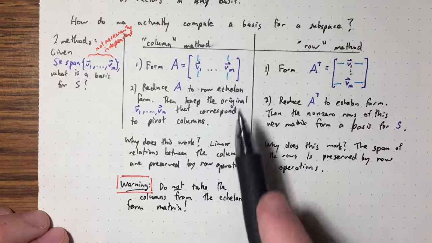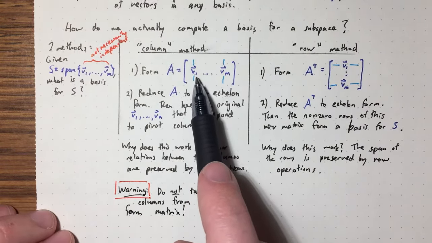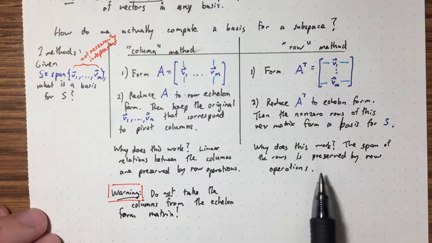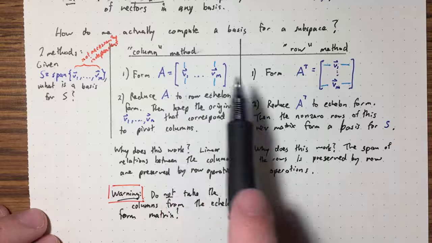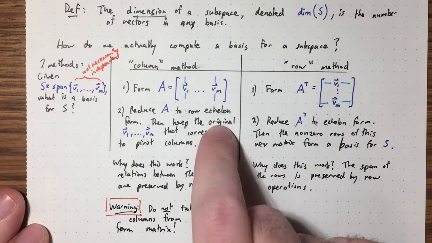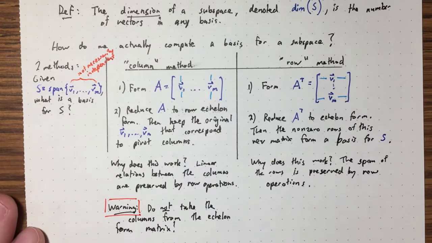Why? Because those columns that I get when reducing to echelon form might not even be in my subspace anymore. When I do row operations, I am changing the space spanned by the columns. So all I'm doing when I go down to row echelon form is look at where my pivots are and take the original columns.